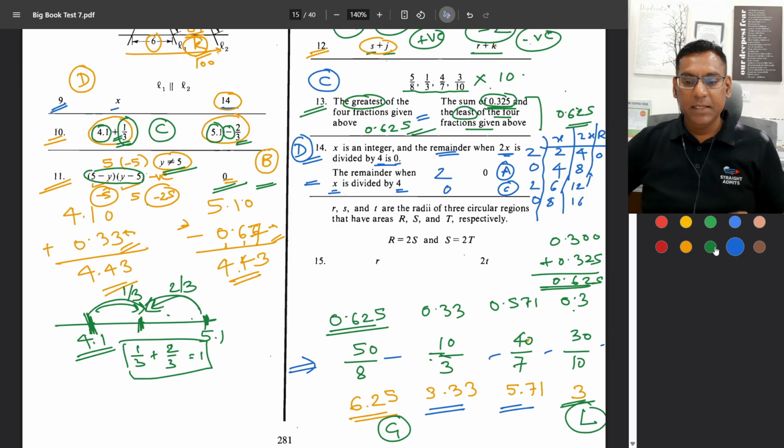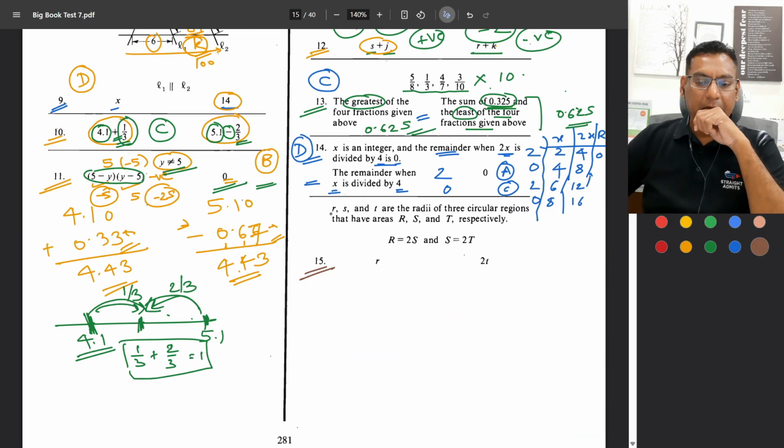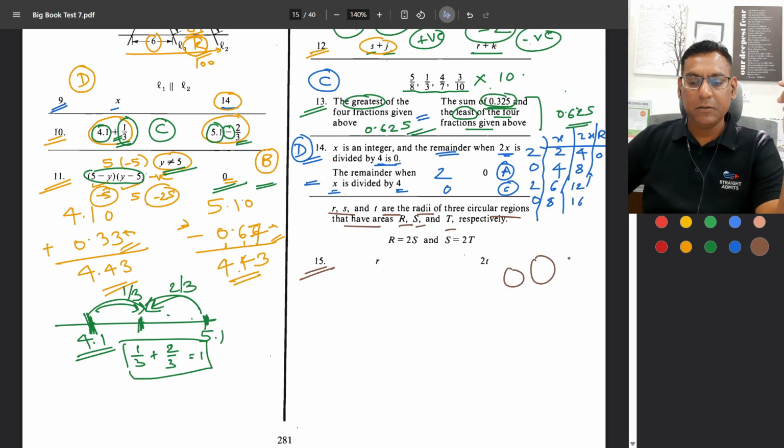Let's look at question 15. R, S, and T are radii of 3 circular regions that have areas capital R, capital S, and capital T. So there are 3 circles. The areas are R, S, and T, and the radii are R, S, and T respectively.